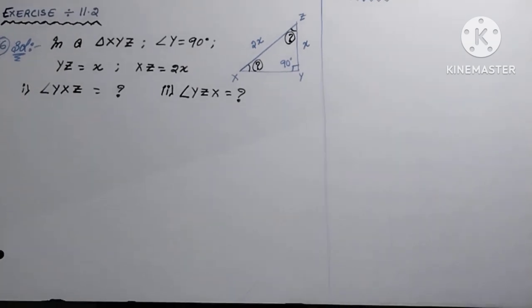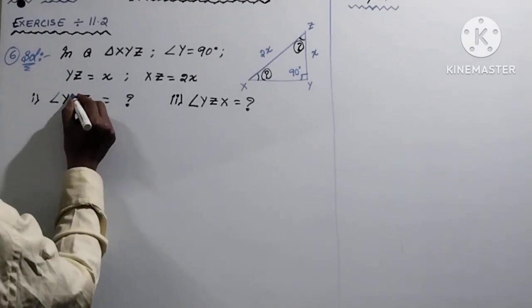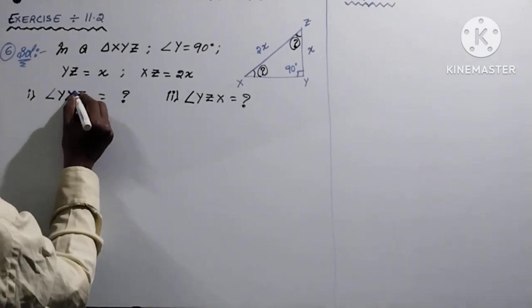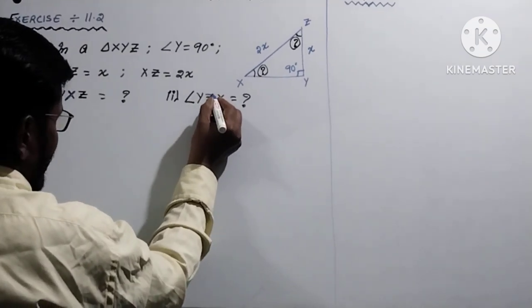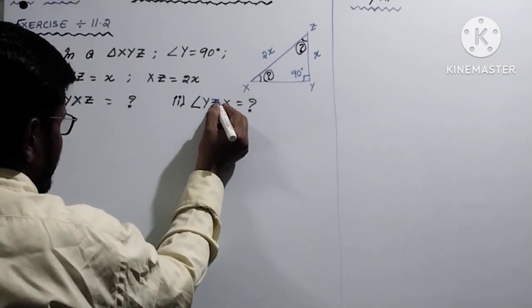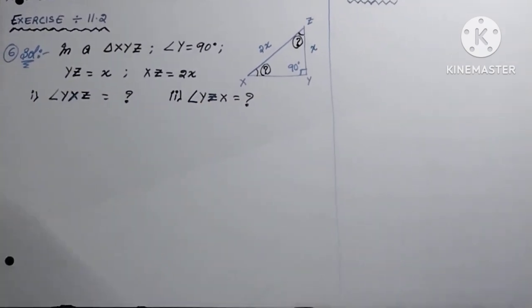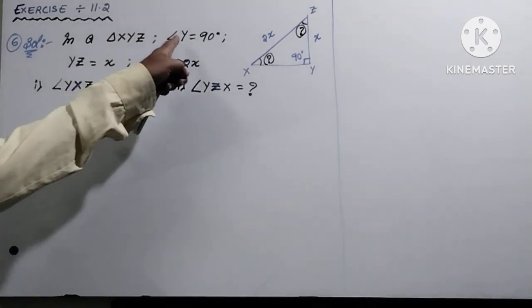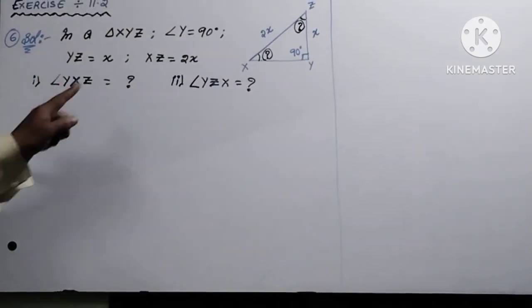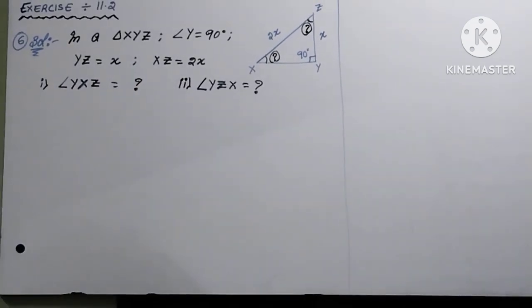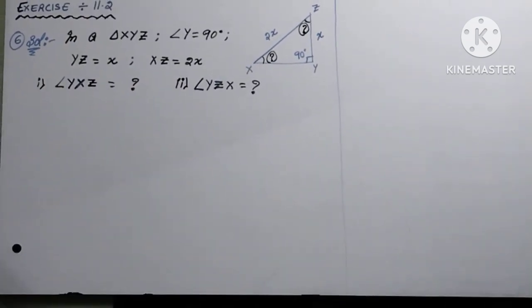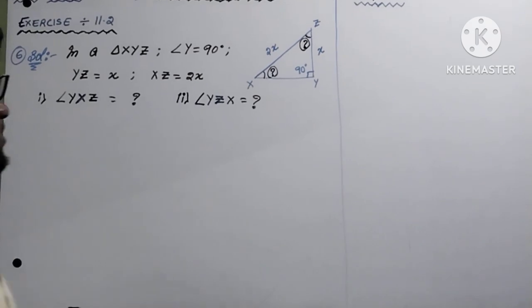Here I have to find the value of X, and here the value of Z. So already I have Y, and I have to find the other two angles, X and Z.